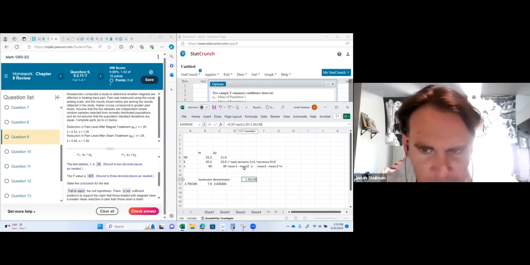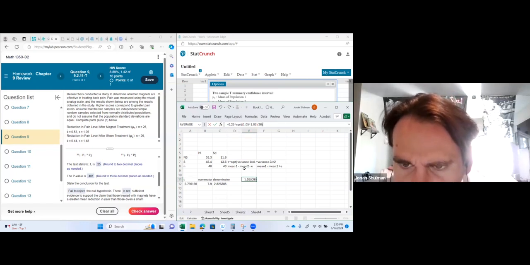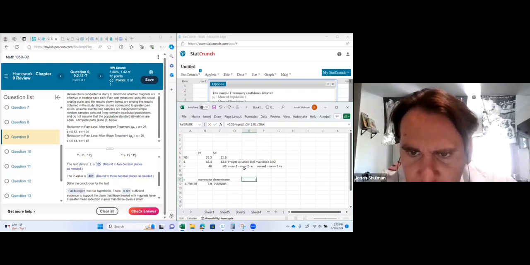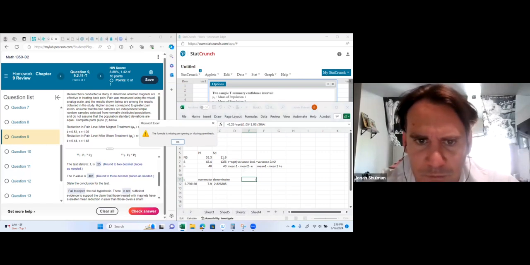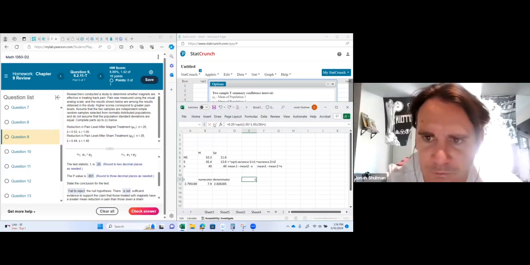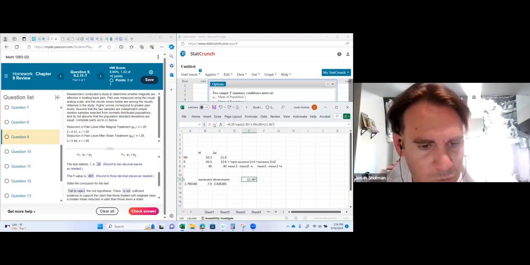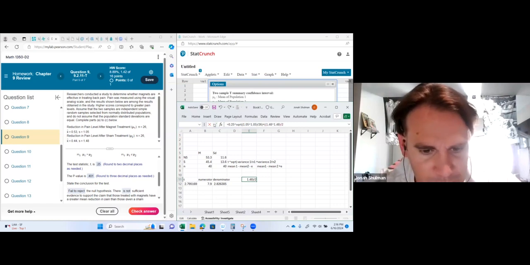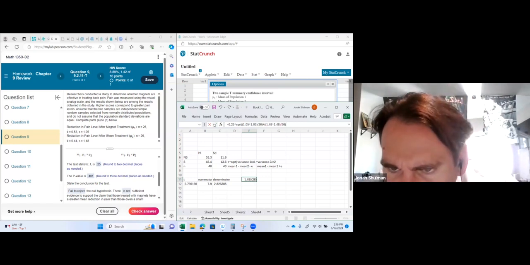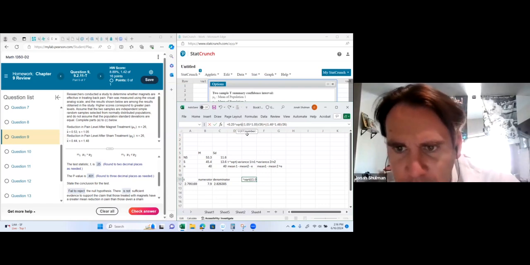Then we're adding that to parentheses. Okay, I see I'm missing stuff. 1.48 times 1.48, close parentheses, divided by 26, close parentheses. And then I just need a square root around the whole thing.